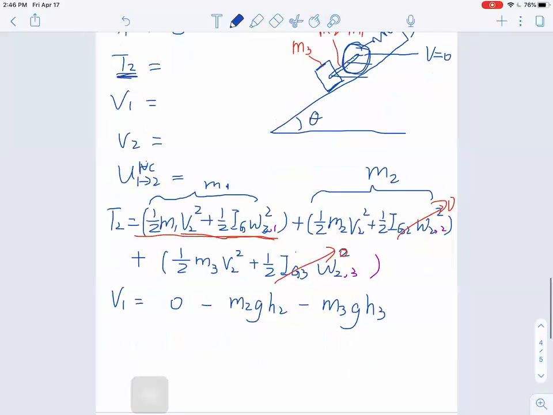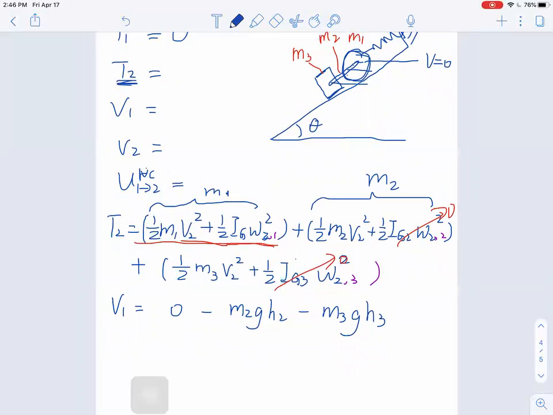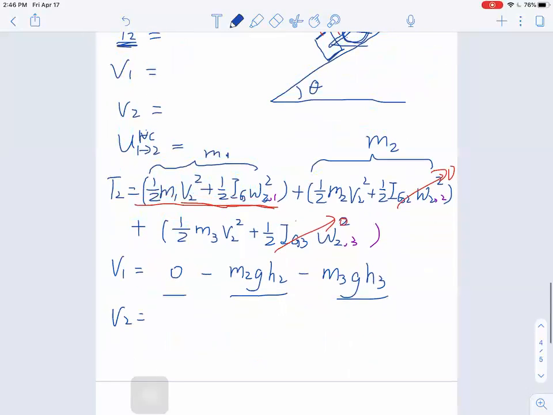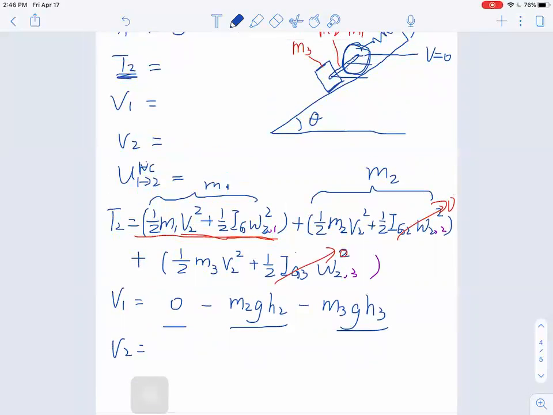Depends what the dimensions of the box and the link are, and you need to write the corresponding potential energy for each mass at V1 and at V2 as well. At V2, all three objects can have potential energy. So we have negative m1 g h1 prime, minus m2 g h2 prime, minus m3 g h3 prime.